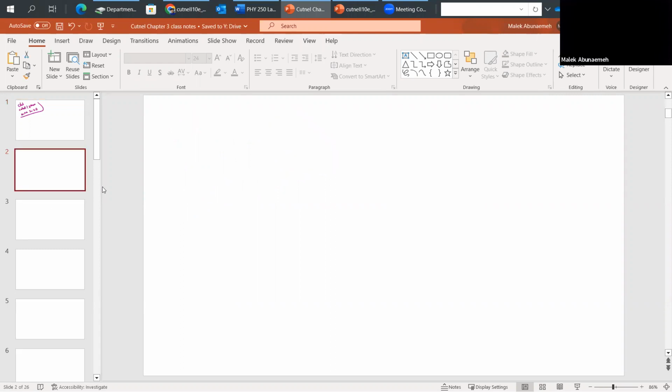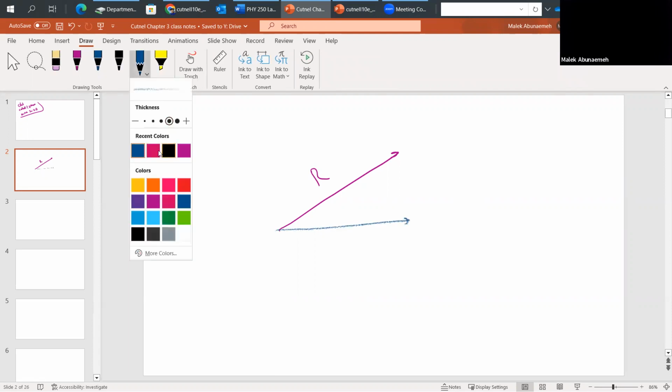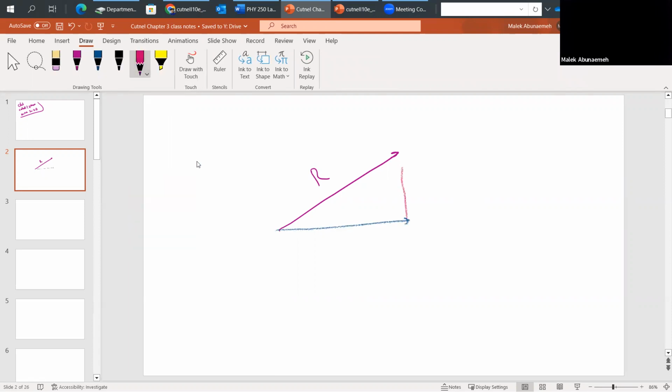vectors. Let's say you have a vector R that is a resultant of the X and the Y vector.